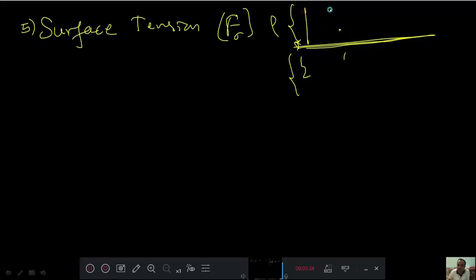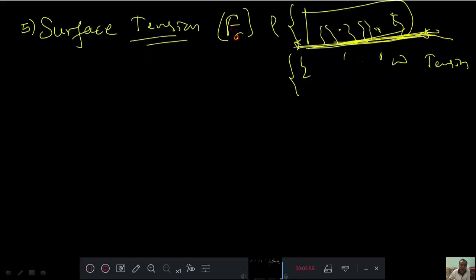Say for example, this is kerosene and this is water, and there is one layer here, and at this layer the particles are tending to move. This surface where two liquids meet, an immiscible layer, you will experience some tension, and that tension force is called F sigma. And we have a sixth one, that is your elastic force.